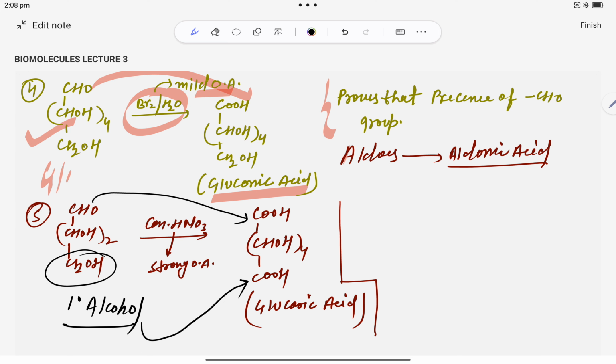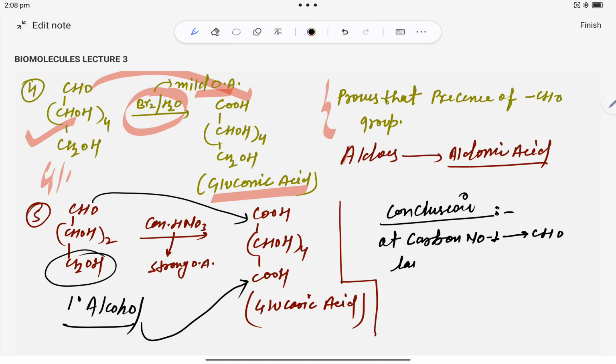So what is the conclusion of point number 5? The conclusion is, at carbon number 1 an aldehyde group is present, and in the last carbon we are having a 1 degree alcohol.